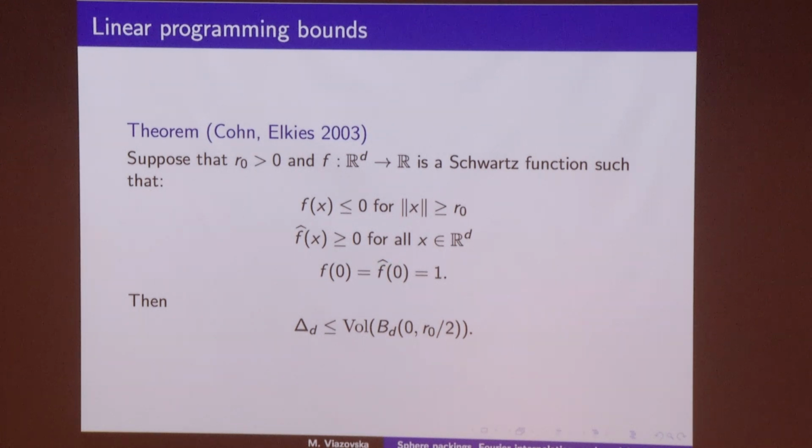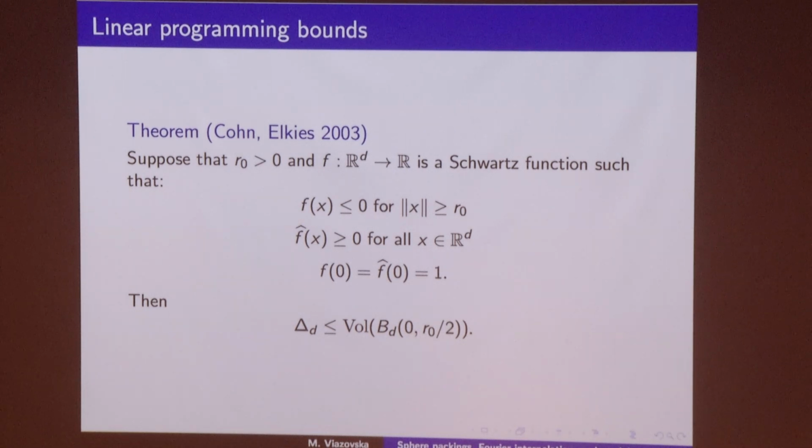Whenever we can find such a function, then we know that every sphere packing in this dimension has density which is bounded by this number: the volume of a d-dimensional ball of radius r0 divided by 2.